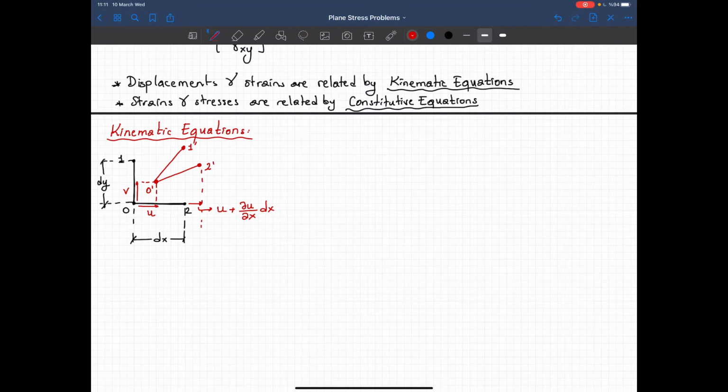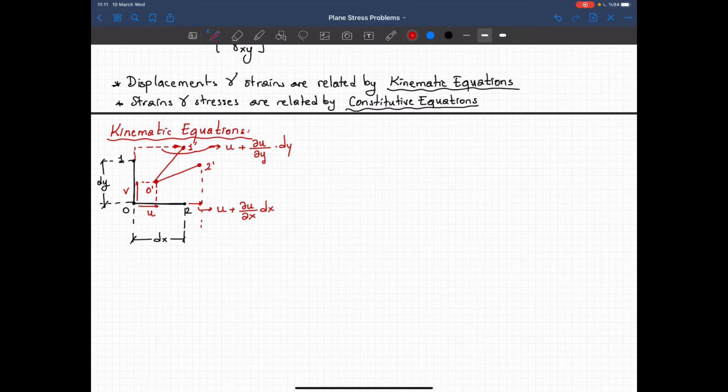So it was here before, and then it moved to this location. So this displacement, let's do it right here, u plus change of u with respect to y multiplied by the length of the member will give me the new location of 1 prime.